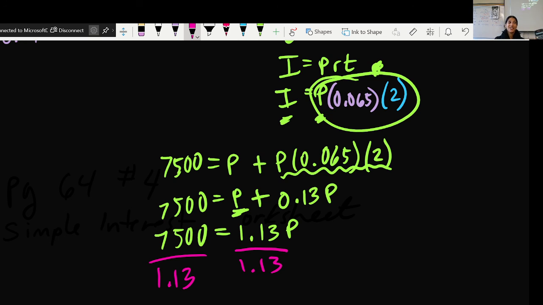See why I'm letting you use calculators? Do you see that these two would just cancel? That's the whole reason we do that. So our P value would be 7,500 divided by this, which leaves us with a value of $6,637 and 17 cents.